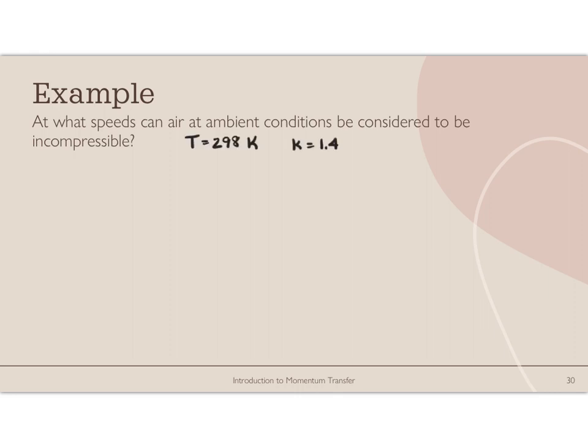For air, the ratio of C sub P over C sub V, K, is 1.4, and the gas constant in mass units, not mole units, is 0.287 kilojoules per kilogram Kelvin. So C is equal to the square root of 1.4 times 0.287 kilojoules per kilogram Kelvin times 298 Kelvin.